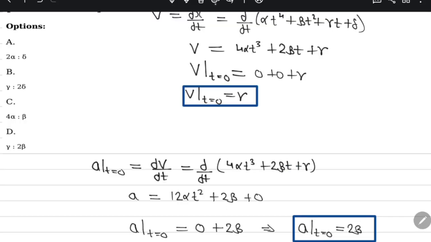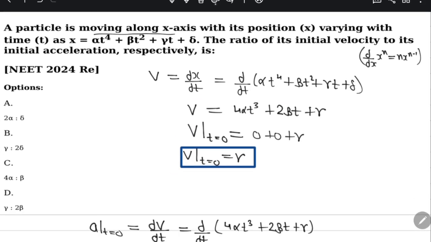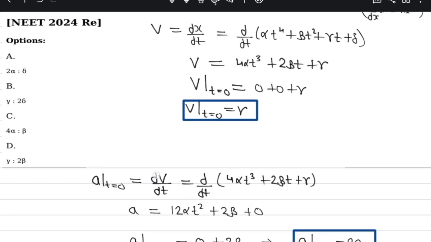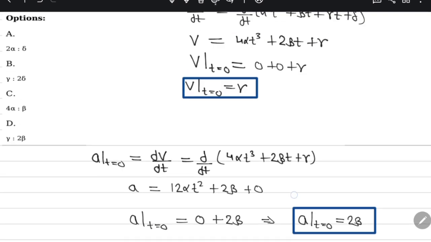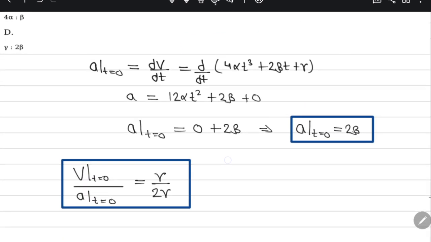We have to find the ratio of initial velocity to initial acceleration, that is gamma upon 2 beta. So this is our answer. Which option is matching? Gamma upon 2 beta, so option D is correct.